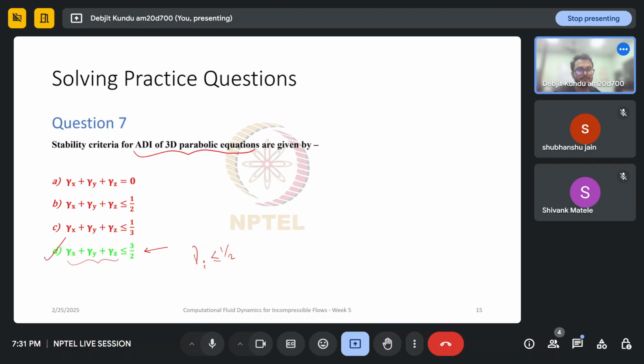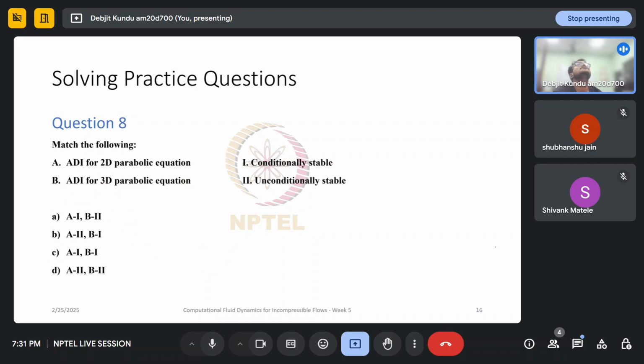Okay. So moving on to question number 8 now. So once again, it's a match the following type of question, and this should be easy because we just saw the ADI for 3D parabolic equations. So we have ADI for 2D equations and ADI for 3D equations in the left-hand column, and two conditions of stability in the right-hand column.